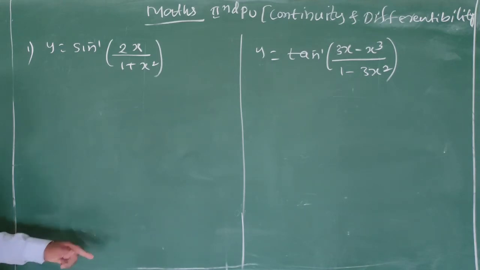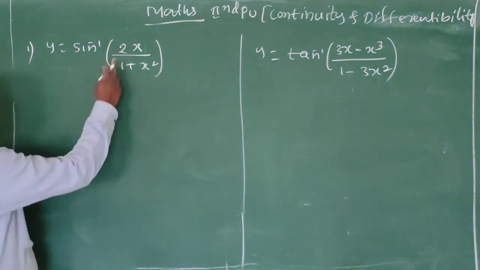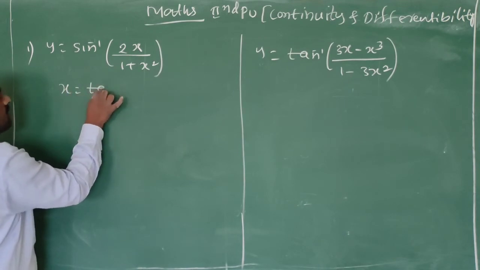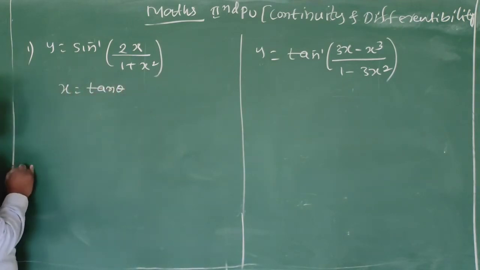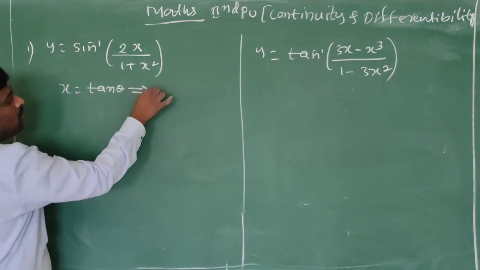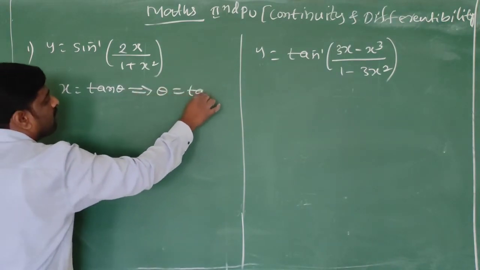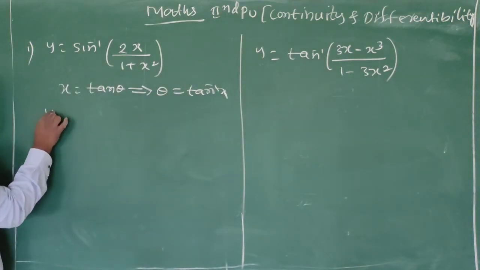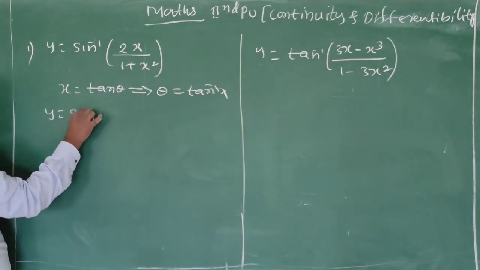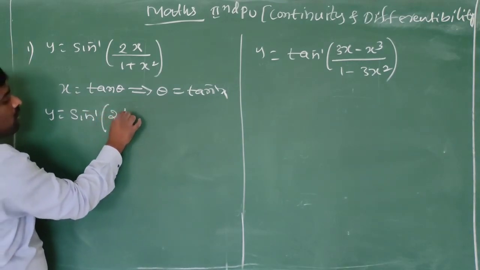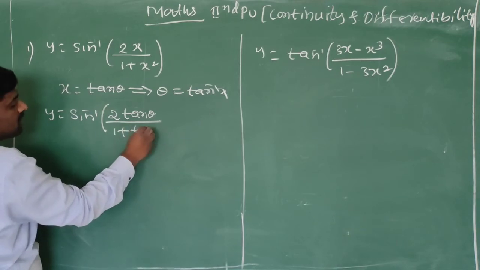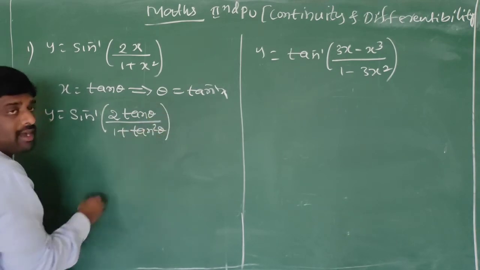I can take the substitution method. What is the substitution method here? Put x is equal to tan theta, so theta is equal to tan inverse x. Substitute these values here. So y is equal to sin inverse of 2 tan theta divided by 1 plus tan square theta.